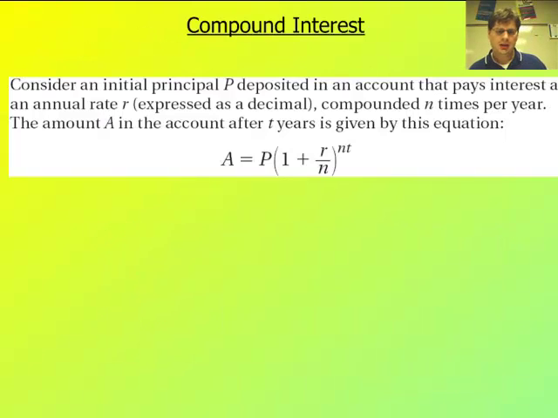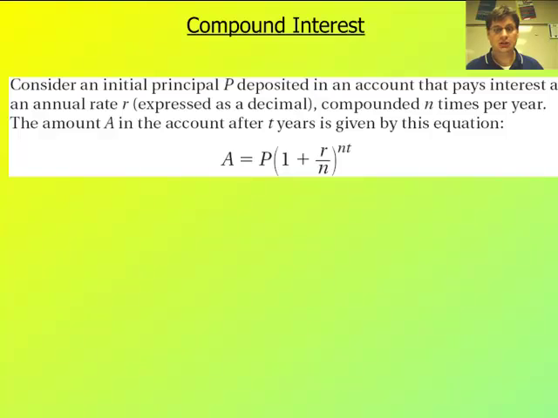Okay, so the next topic I want to talk about briefly is compound interest. Compound interest is simply a way we can deal with money as we apply interest upon a principal.